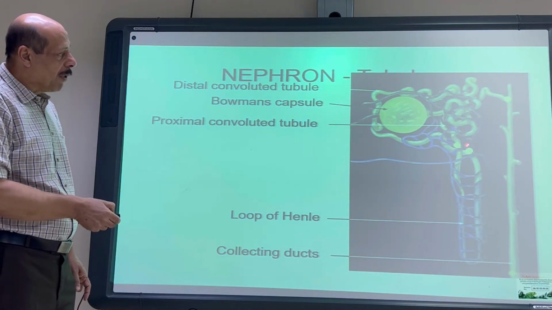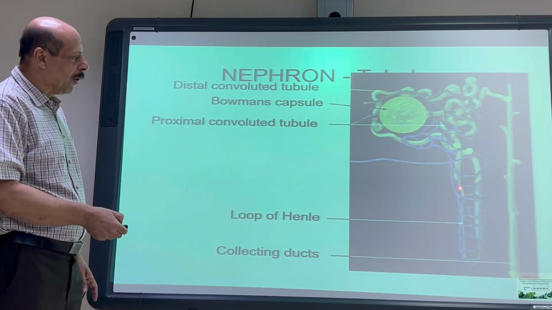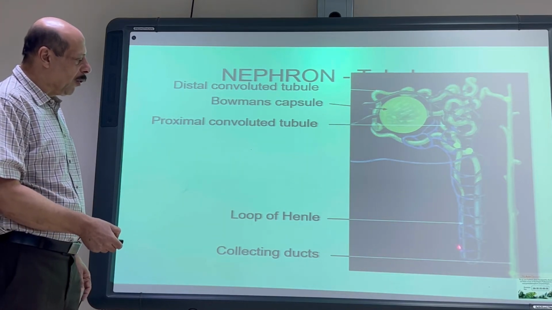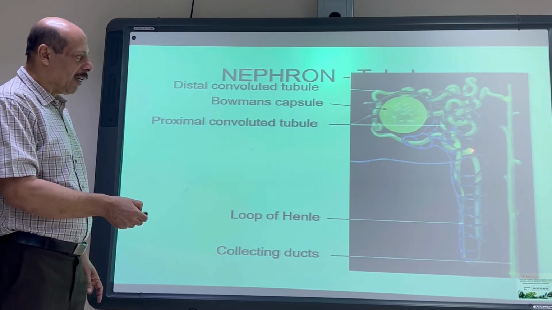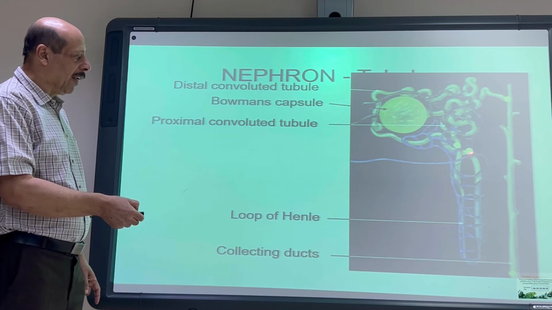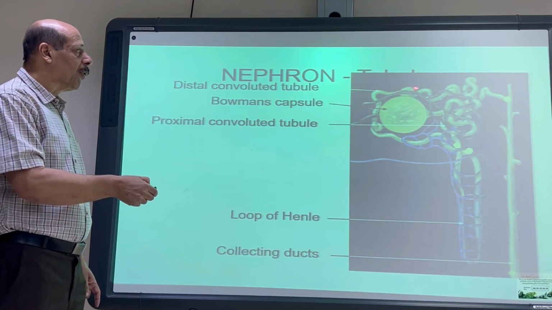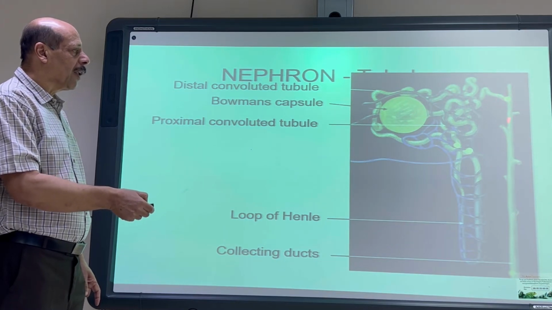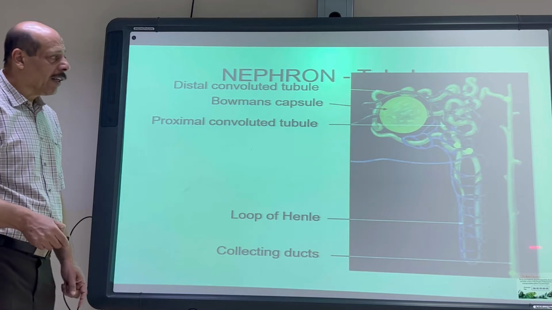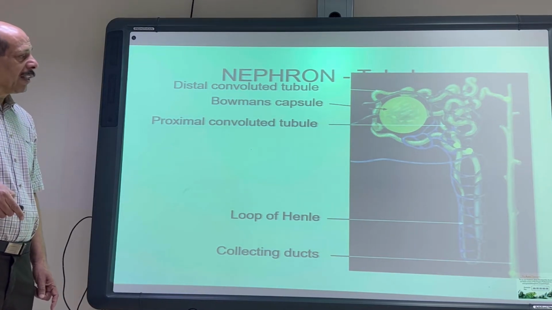From the proximal convoluted tubule, it will go down to the loop of Henle, and it will come up. This is the end of the loop of Henle. Then the distal convoluted tubule. From the distal convoluted tubule, it will go to the collecting ducts.